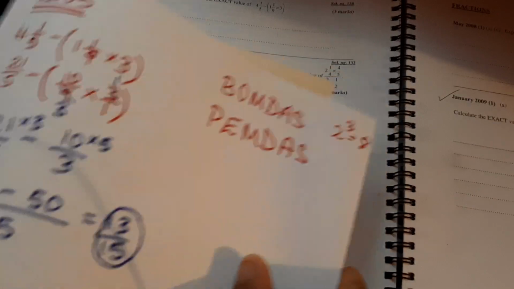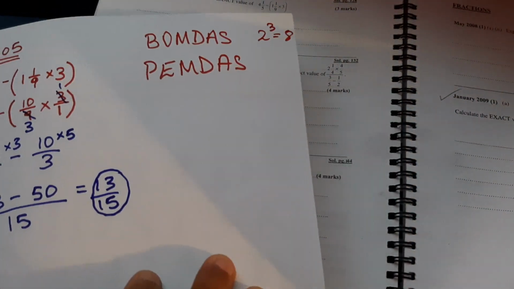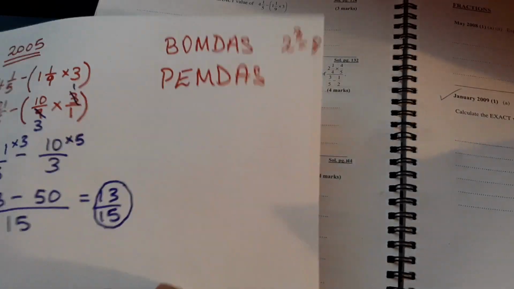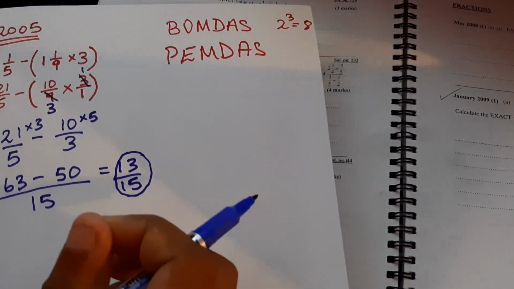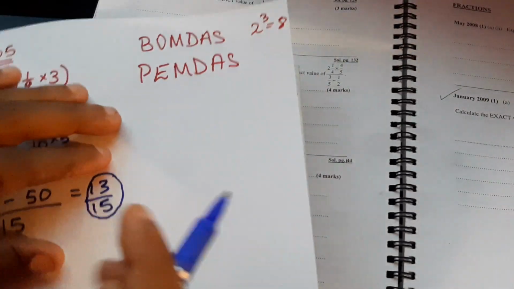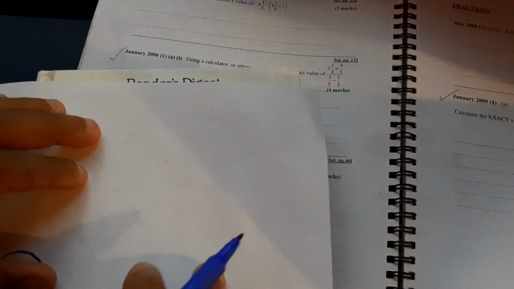So let's see if we have any more questions in this book. Okay, we have another question which is a bit trickier than the previous one. Let's see what we have. So I'm going to turn the page like this.